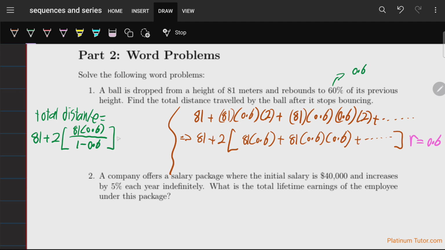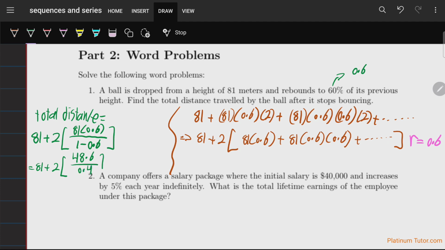Okay, so let's see, what is that going to be? That's going to be 81 plus 2 times 81 times 0.6. So 81 times 0.6 is 48.6 all over 1 minus 0.6. That's going to give us 0.4.